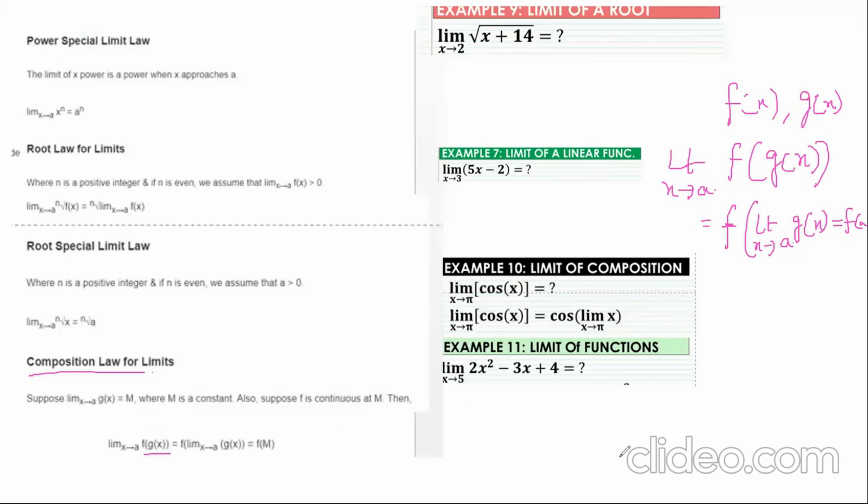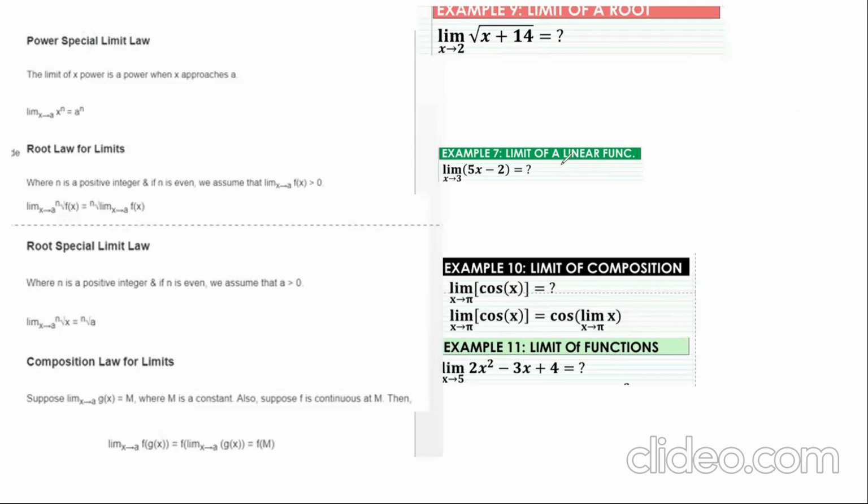Let us take one example of composite function. Then you will understand. Let us take limit as x tends to pi of cos x. This can be written as cos of limit as x tends to pi of x.